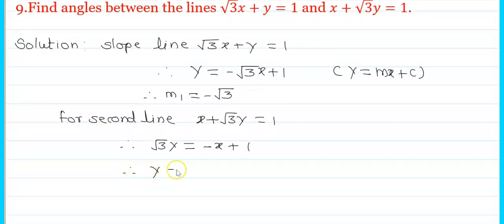Therefore we get minus 1 upon root 3 x plus 1 upon root 3.